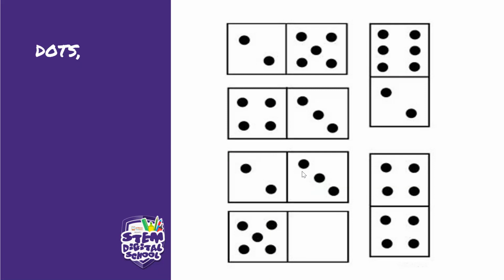And how many dots on this side? 1, 2, 3. Okay. So which square has more dots? This one or this one? The last one. Yes, because it has 3 and this one only has 2.